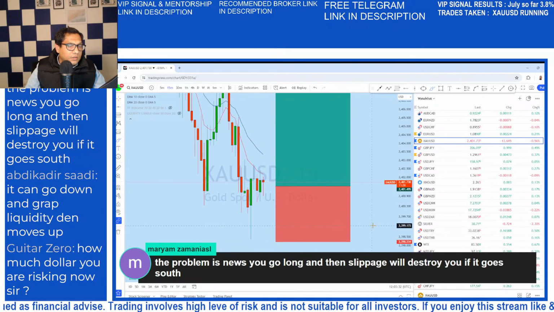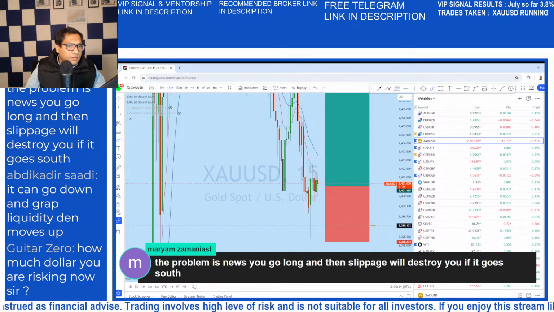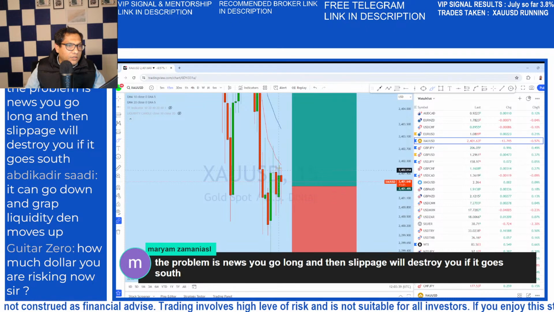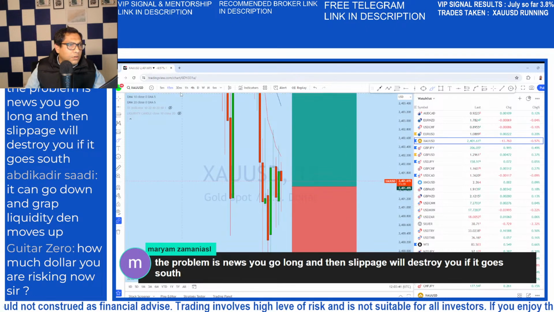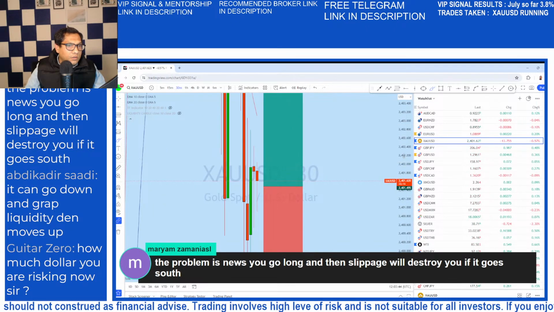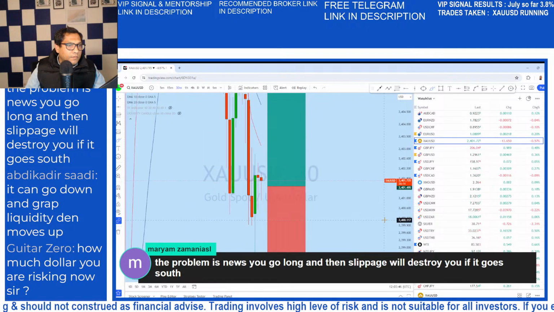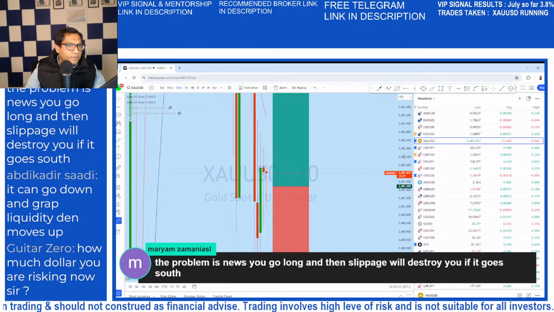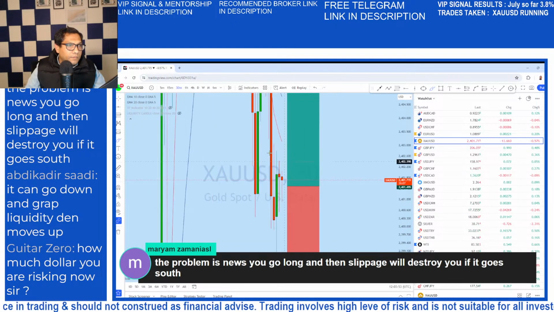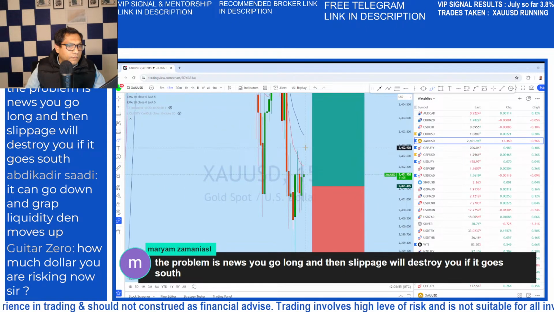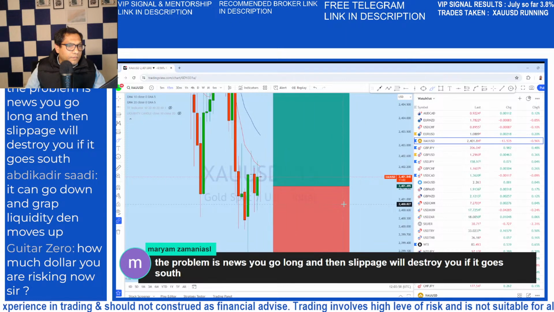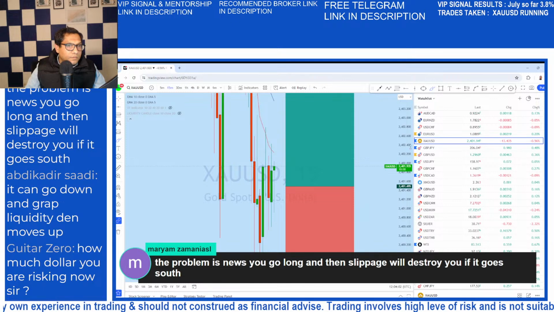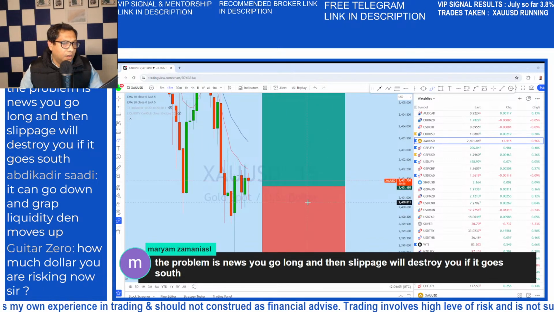And this is where we see a green candle followed by a narrow doji. So it's trying to break above.